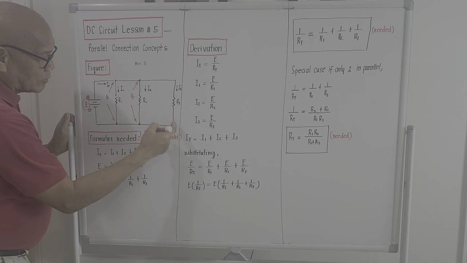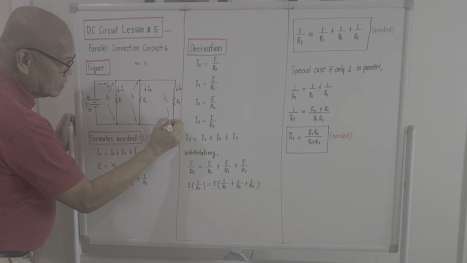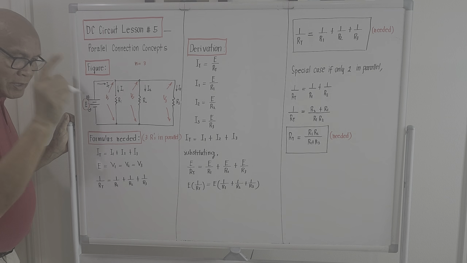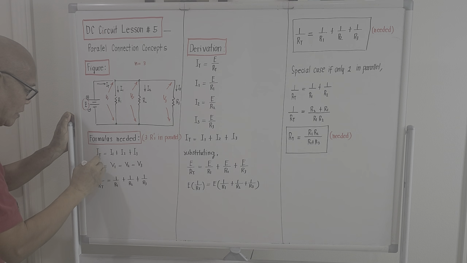And the voltage across R sub 3 is designated by V sub 3. And for a connection to be a parallel connection, this should be the formula.